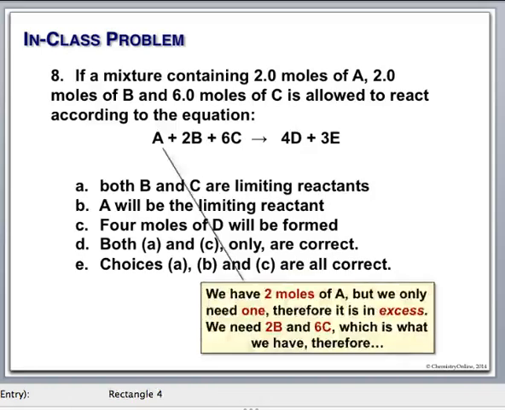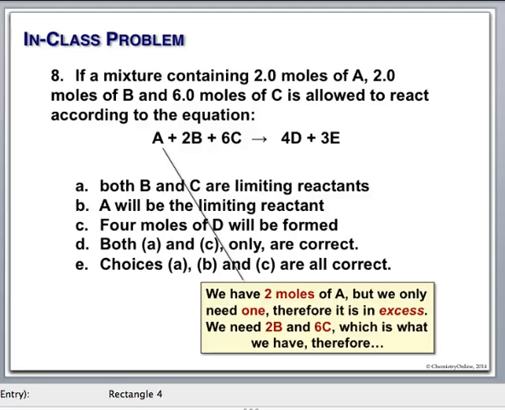All right, we have 2 moles of A. How many moles do we need to do this reaction? Well, we only need 1, don't we? So we have plenty of A, don't we? That's what confused me. I thought it was 2 moles of B, which is what we need, 2 moles of B. We have 6 moles of C, which is what we need.